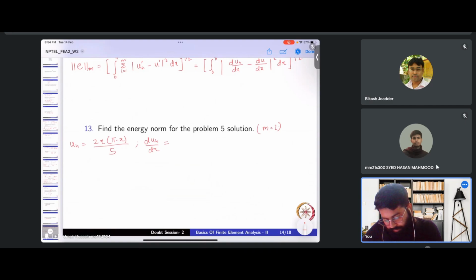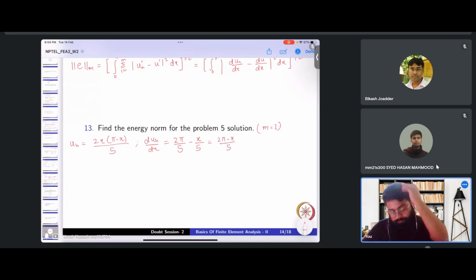I think we'll get 2 pi by 5 minus 2x squared by 5, which is actually x by 5, isn't it? 2 pi minus x, sorry, 2 pi by 5x, right? 2 pi by 5 and 2 square by 5 is x by 5, right?